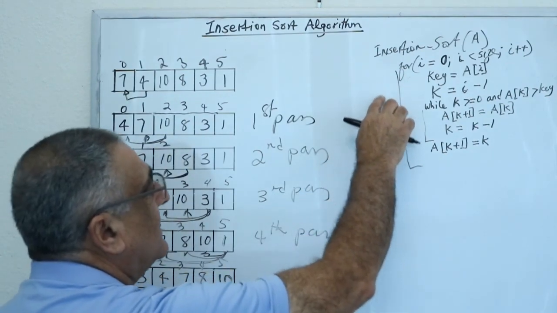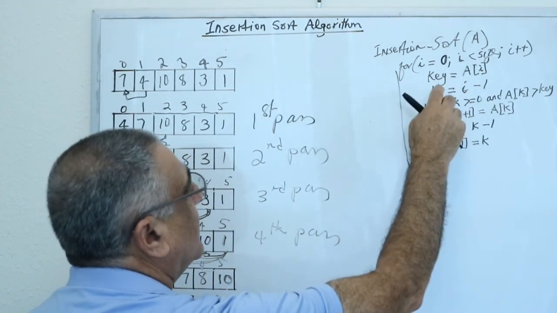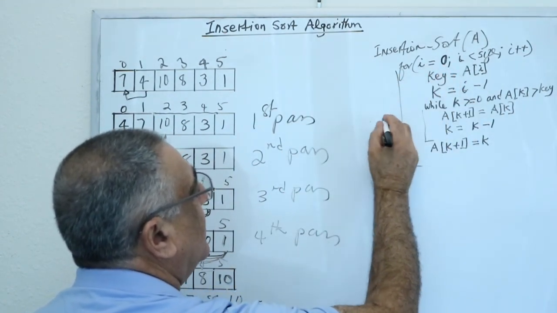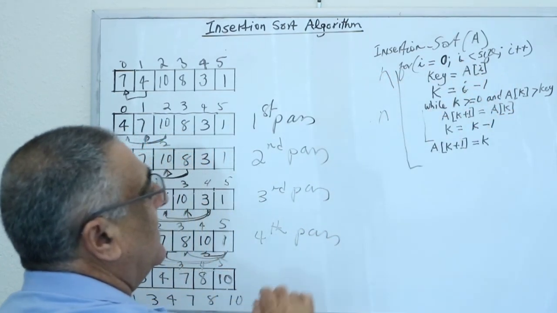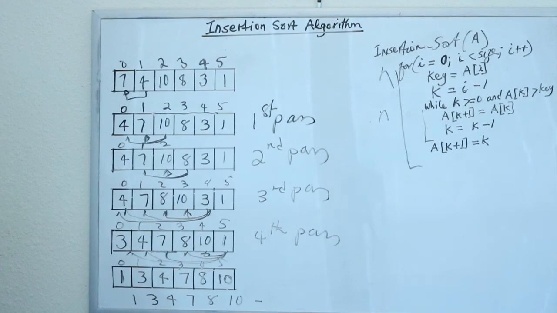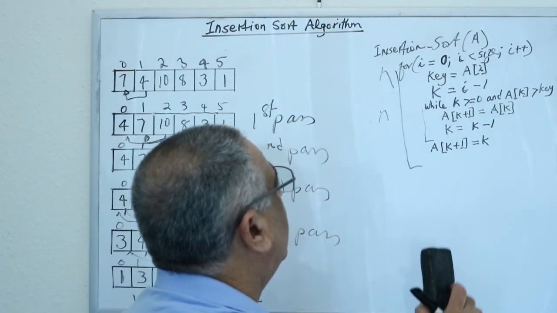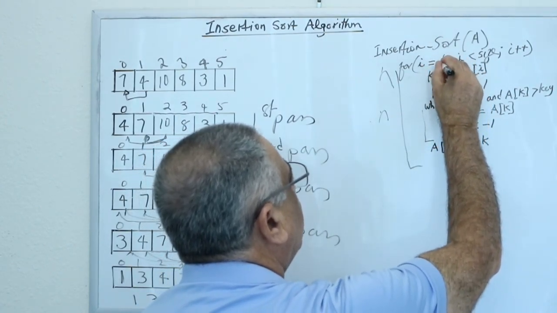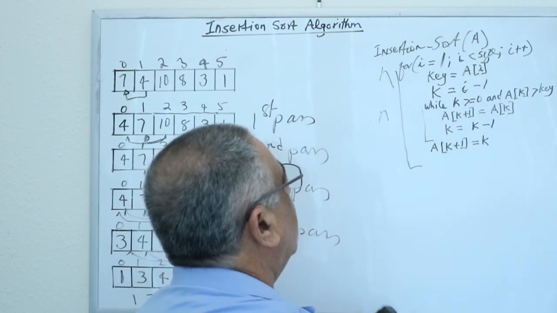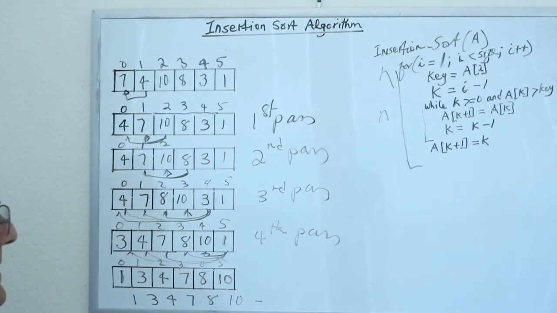If I look at this, this is my algorithm, so that's why I have two loops. This is n here and this is n here. So i starts at 0, k is always going to go i minus 1. So I believe this has to be a 1, like I had it before. Because i is 1, k starts at 0.